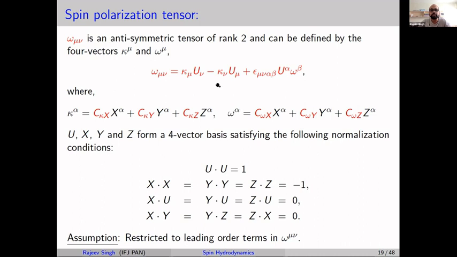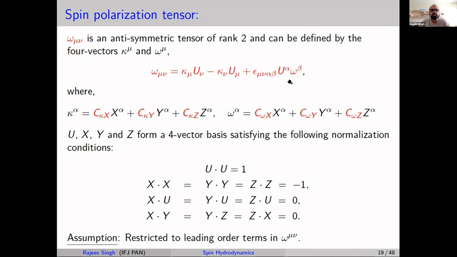That can also be expressed in this form in terms of electric field components and magnetic field components. So in analogy to that, you can imagine that omega mu nu can be expressed in this form in terms of kappa, the electric field-like components, and omega, the magnetic field-like components.